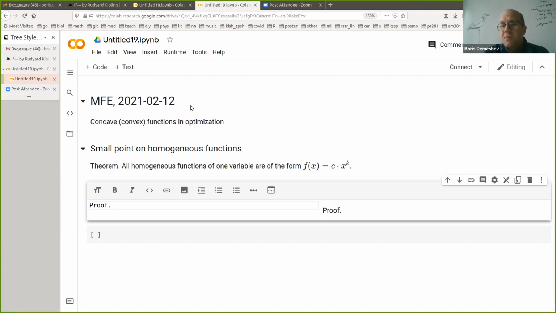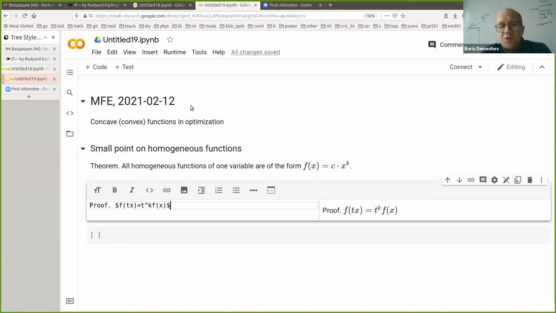Okay, the proof is very simple. We know that our homogeneous function is a function of one variable, and we know it's homogeneous. So basically, we state that f(tx) is just t to the power k f(x). It's a condition of homogeneity. And in our case, that should work for every t and x from our domain of the function.